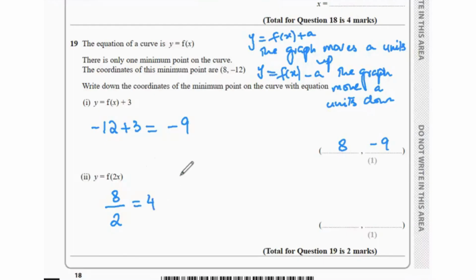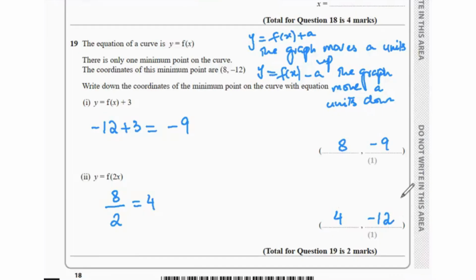You will not multiply x by 2, you will divide x by 2. If it was something being multiplied directly to f of x, then you multiply the y value by that number. But for x, the rule is opposite. If something gets multiplied to x directly, you divide the x coordinate by that number. So now the x value becomes 4 and the y value remains as it is.